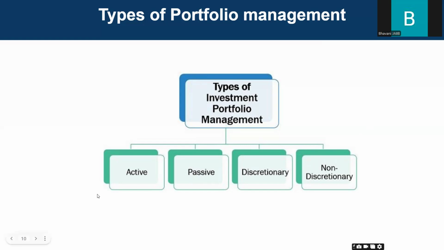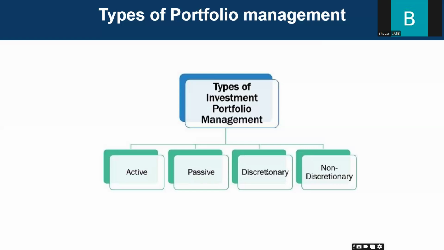It includes active, passive, discretionary, and non-discretionary. Active means you buy or sell actively for more returns, but passive means you track an index like Nifty. That is, you are simply investing and just tracking from the background. So you're not buying or selling very actively.